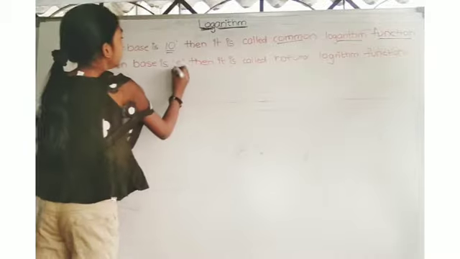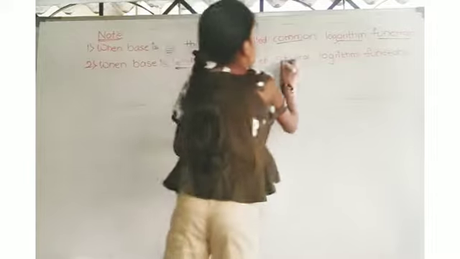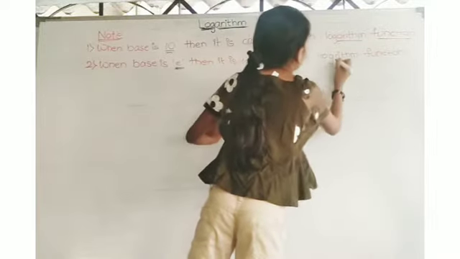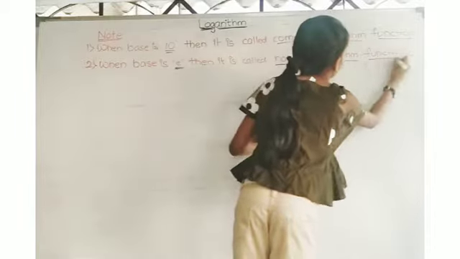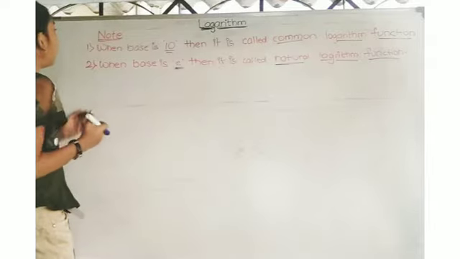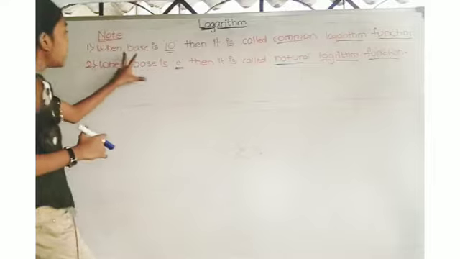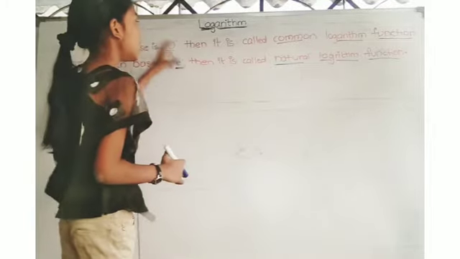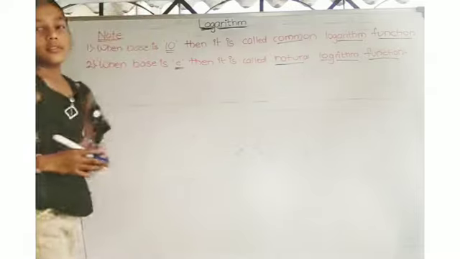When the base is e, then it is called natural logarithm function. Most of the problems are based on the first step, which is base is 10.